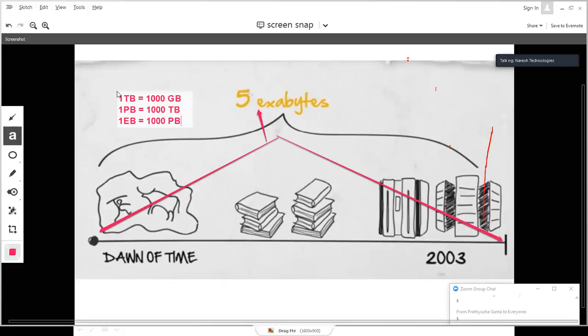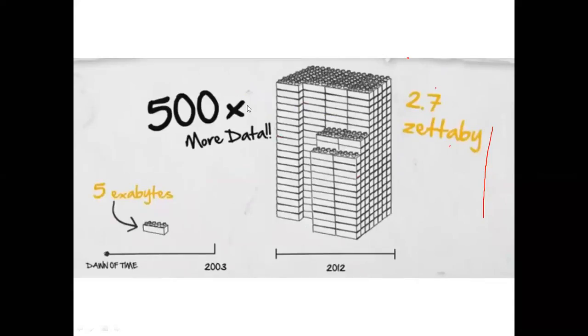Okay, so that is what a petabyte is. I'm sure, and I hope you all understand what a gigabyte is, guys. But that's how much it is. So if we were to digitize the entire data that mankind has generated right from the beginning of time till 2003, that's about 5 exabytes, guys.